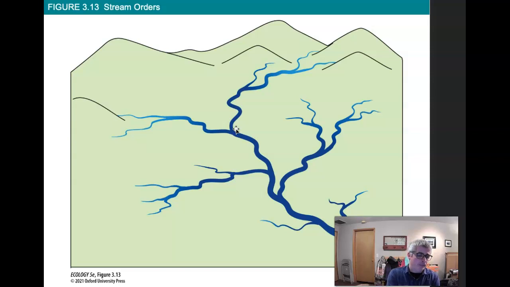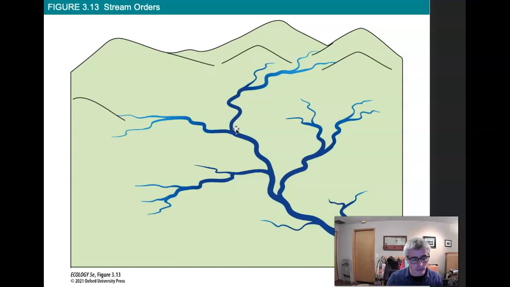So if we think about small, narrow tributaries up in Mount Baker, they're steep, water's flowing quickly, they're typically shaded on all sides, typically have a larger substrate.